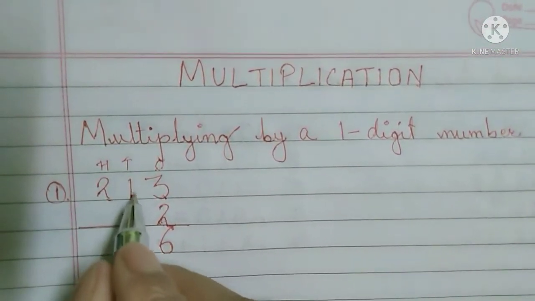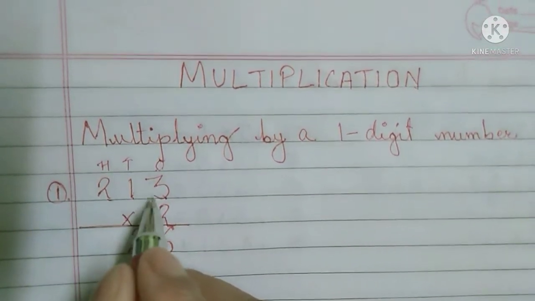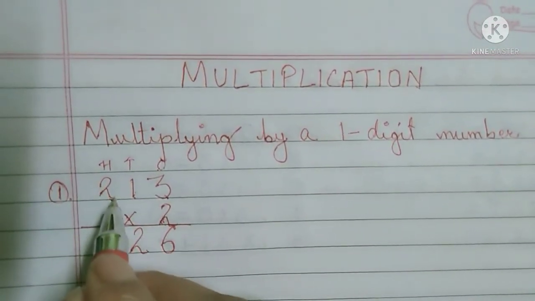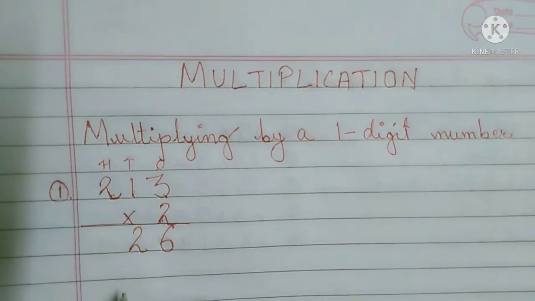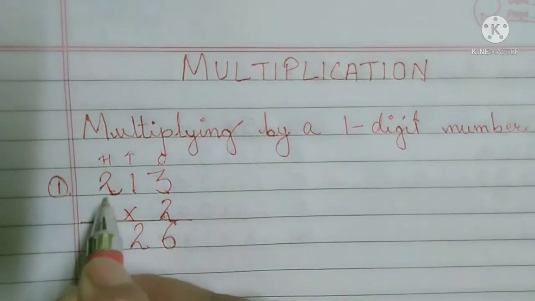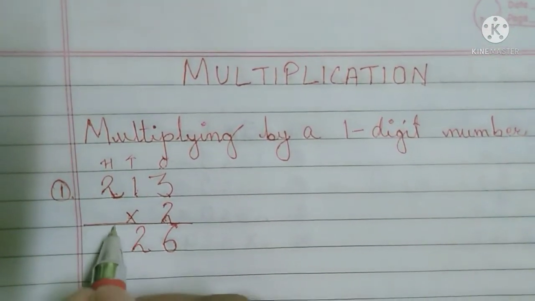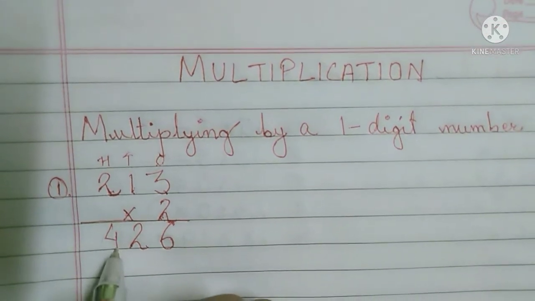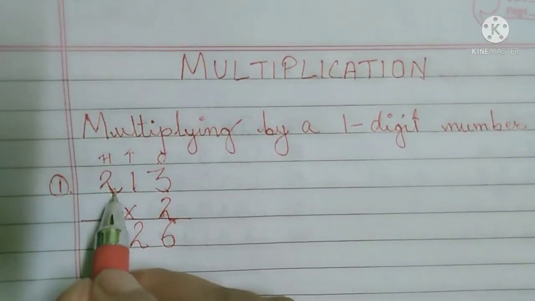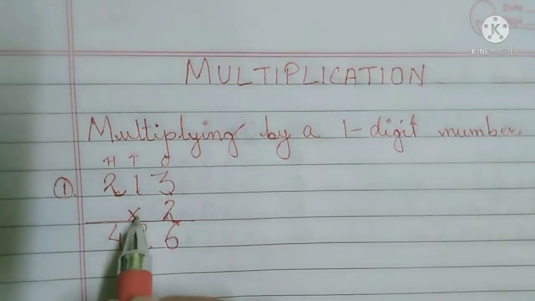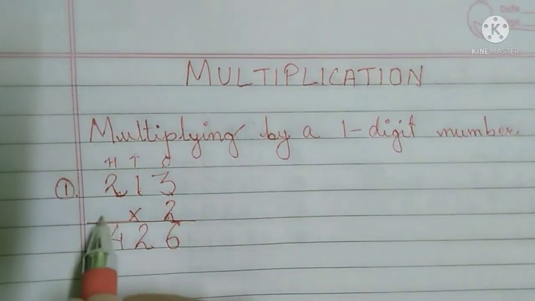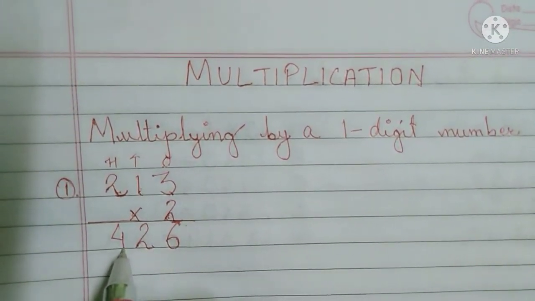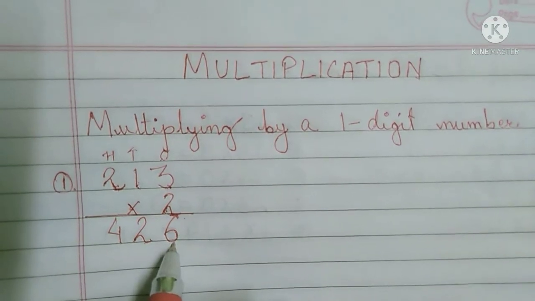As tens number is also over, now we have to go to hundreds place. So 2 multiply 2 equals 4. Therefore, when you multiply 213 by 2, your product will be 426.